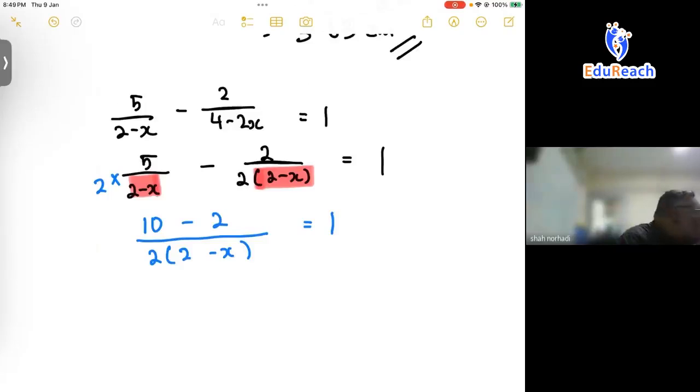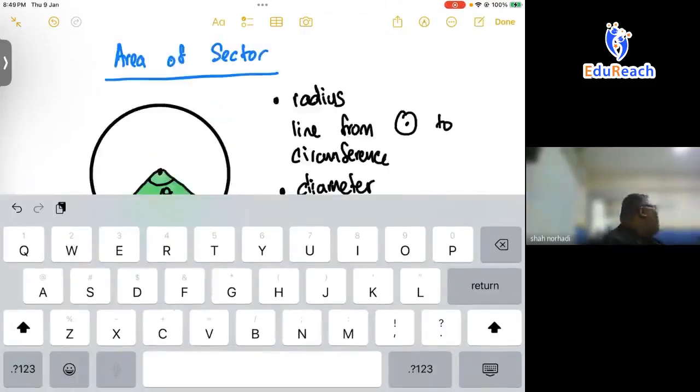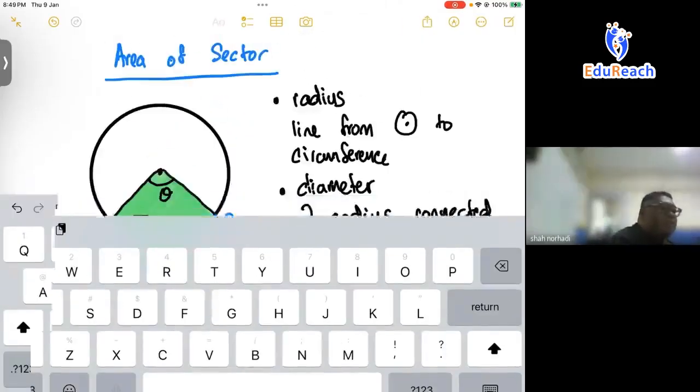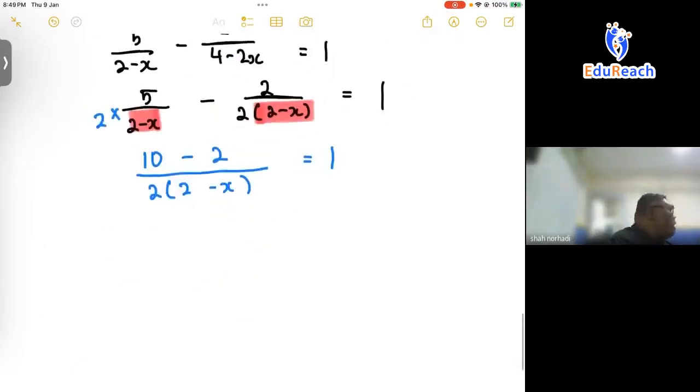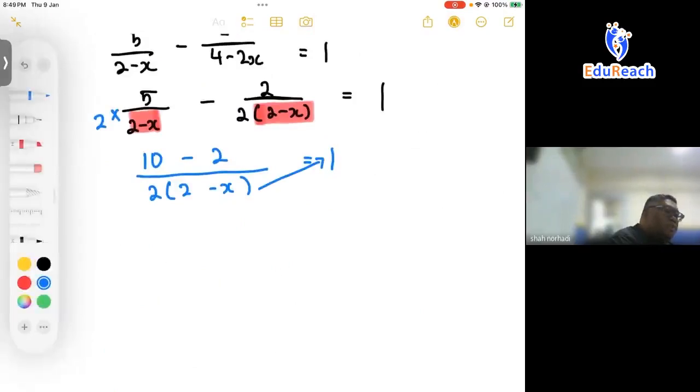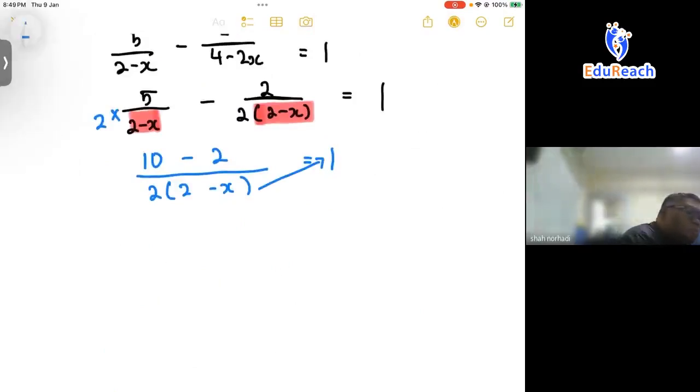But this one is a 1. But 1 can be written as a fraction, am I right? So we will just multiply the denominator up. So 10 minus 2 can be simplified into 8. Then we can open up the bracket at the same time, but I will just take it step by step. So this will be 4 minus 2x equals to 8.